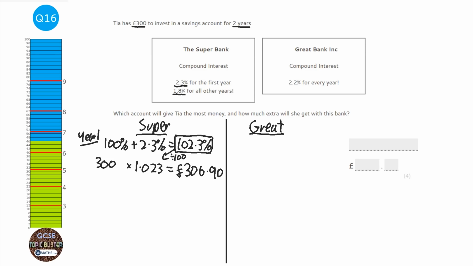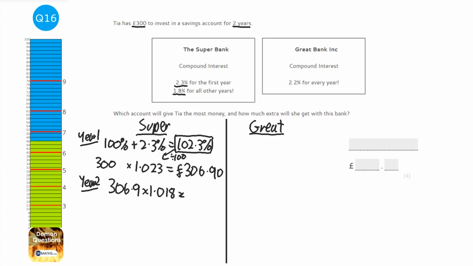Okay, so year 2, we've got that £306.90. And we need to work out the multiplier for 1.8. So I could go through the same method as before, but actually when you start using multipliers you realise how to just go straight there. So it's going to be 1.018, but you could do 100 plus 1.8 is 101.8 and then divide that by 100.